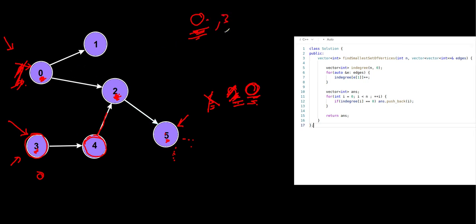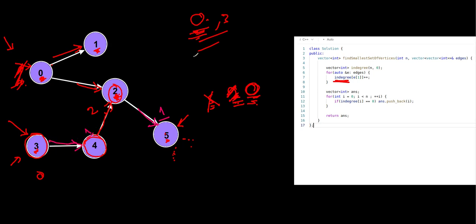And if you see, there are only 2 nodes that have the number of incoming edges equal to 0. If you look at 1, there is 1 edge coming into node 1. Node 2, there are 2 edges. Node 5, there is 1 edge. Node 4, there is this edge.